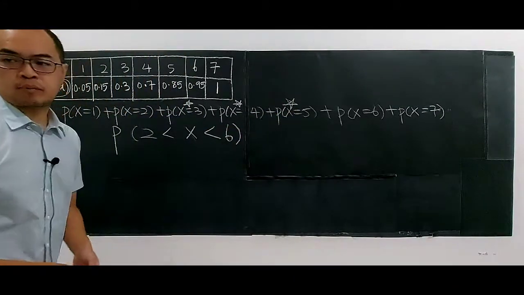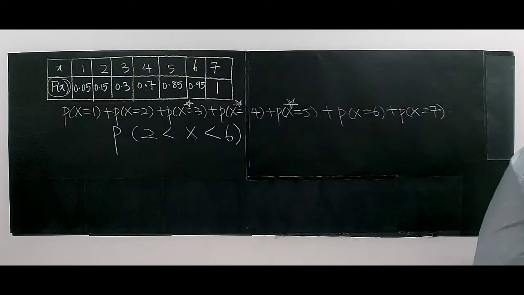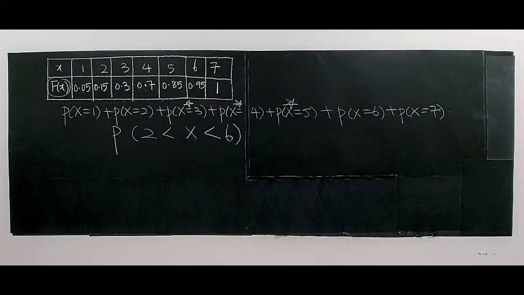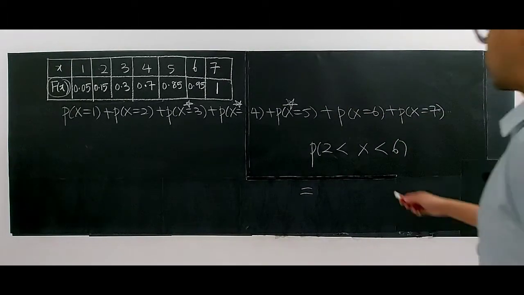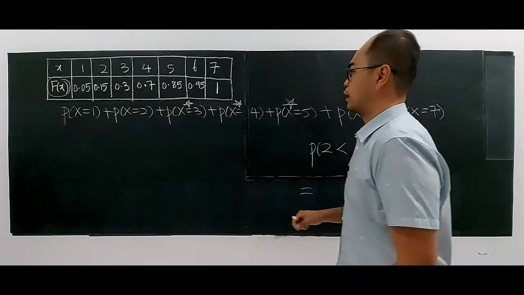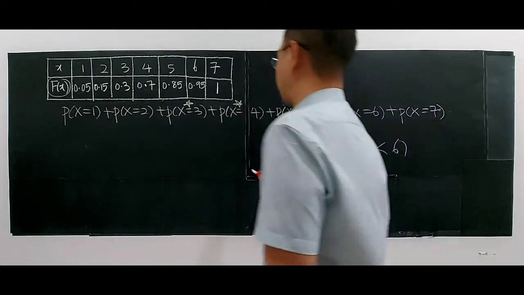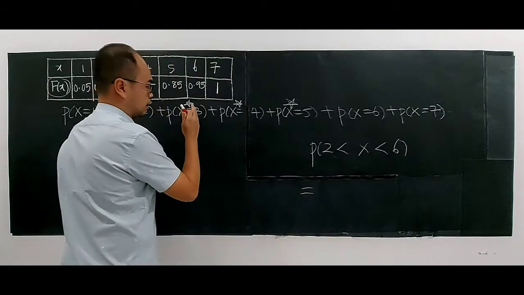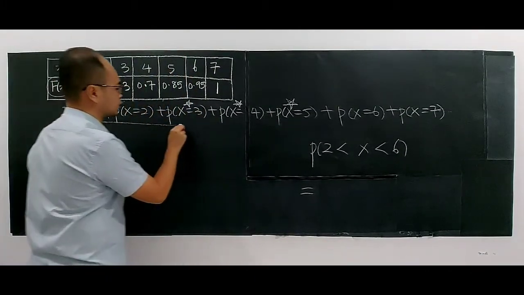So if you want to find the probability of x between 2 and 6, that means 3, 4, and 5. I just want the probability of 3, 4, and 5, so I need to add up everything here.